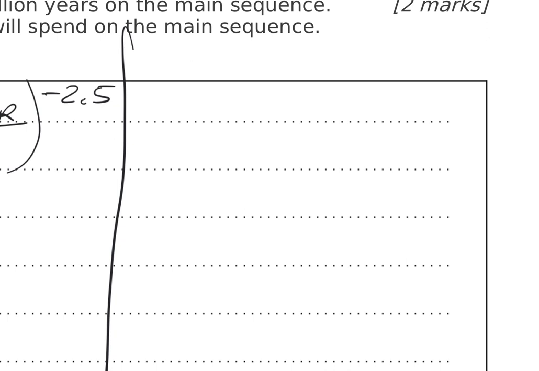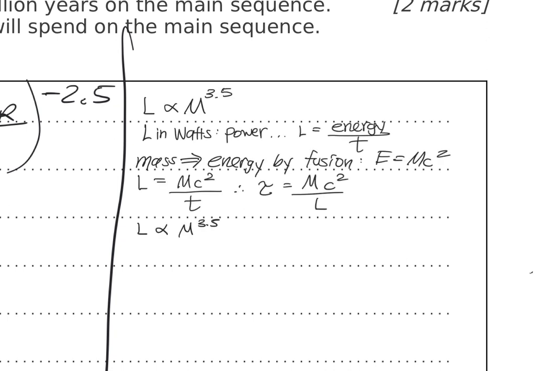If the relative luminosity is proportional to the relative mass to the 3.5, then the time, the period, is proportional to the mass over the mass to the 3.5.